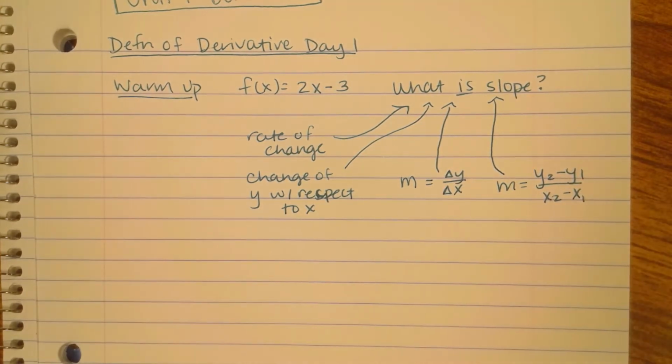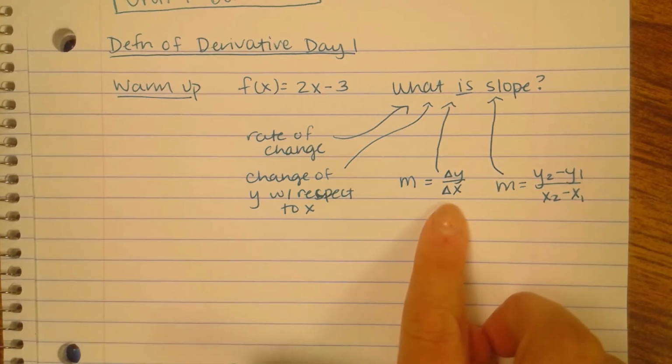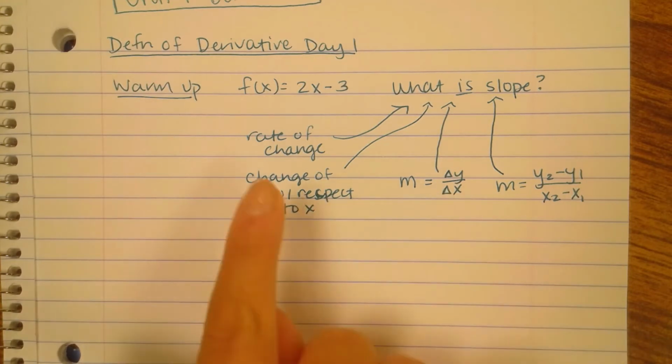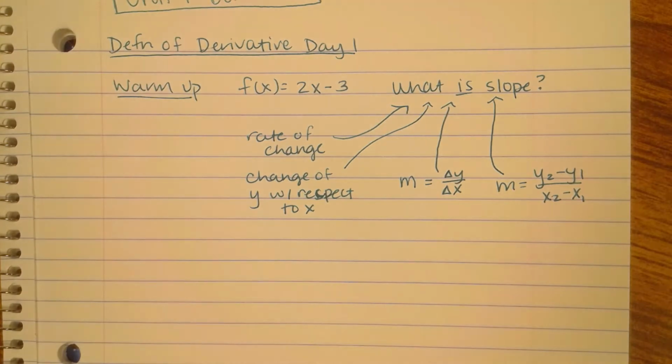We could come up with any number of ways to describe slope, but if we think about what that means, it's a specific change of y with respect to x, or a rate of change, or this change in y over change in x. In this function of 2x minus 3, we can say the slope is 2, and specifically that slope is 2 at any point on that function. That's what makes it linear: the change is constant.